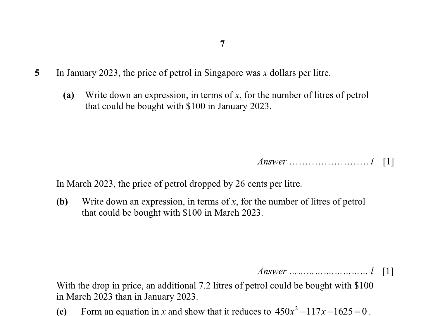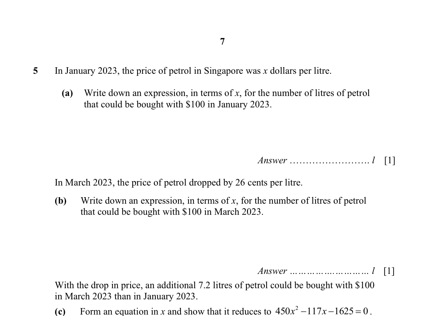Okay, this one. X dollars per liter. Find the number of liters that can be bought with $100. So you'll use 100 divided by x. Then the petrol cost dropped by 26 cents. This is in dollars, this is in cents. So the price dropped by 0.26.